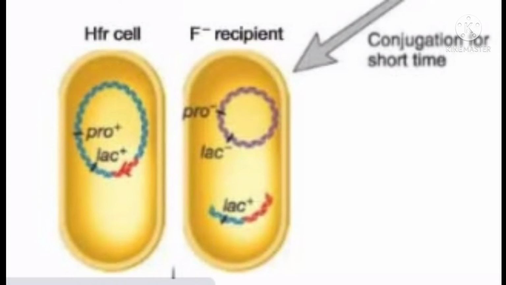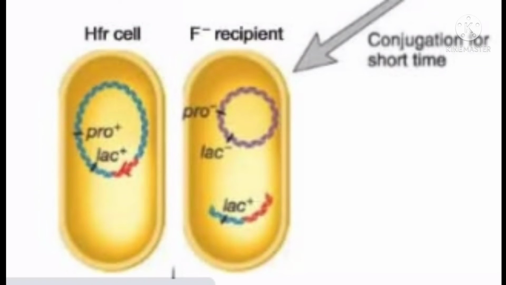So the further transport of the Hfr bacterial genome, as well as the remaining fragment of the F plasmid, does not get transferred. Only a portion of the F plasmid along with the lac plus gene from the Hfr cell is transferred into the F minus recipient cell.